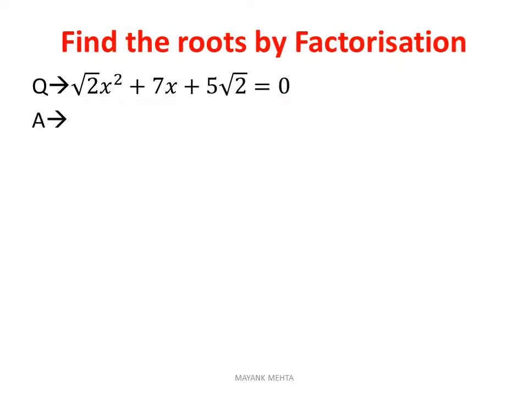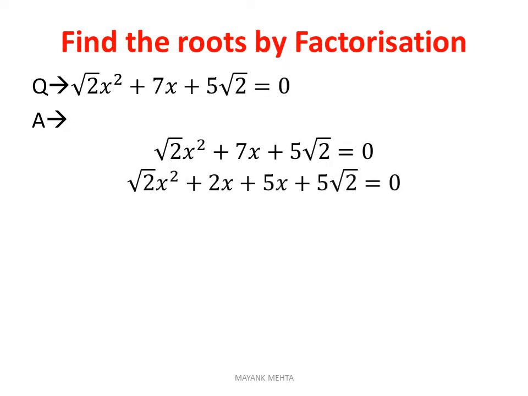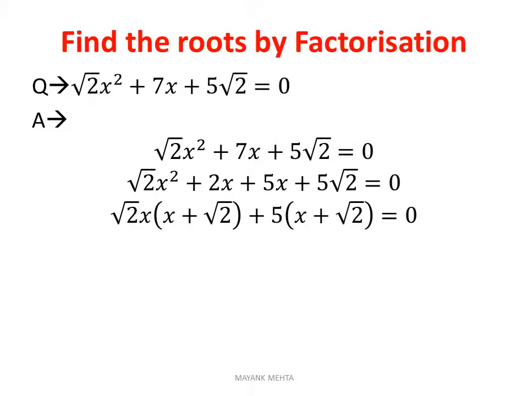So you will split the middle term now. The middle term is split as 2x plus 5x. From the first two terms you will take root 2x as common, so in the bracket x plus root 2 will remain. From the last two terms you will take 5 as common, so again you will get x plus root 2 in the bracket. So the first bracket is x plus root 2, the second bracket is root 2x plus 5, and the product of these two brackets is 0, because we need to find the zeros.